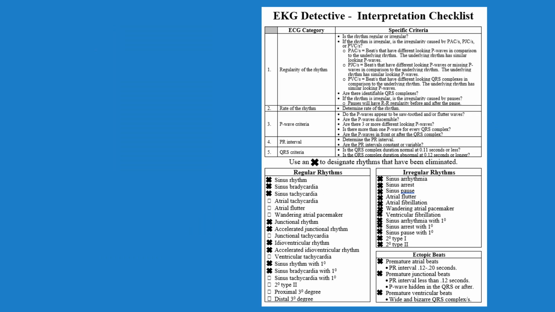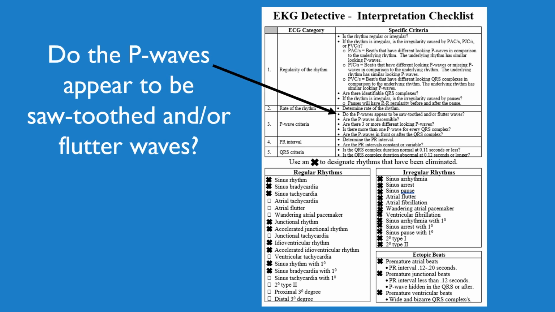But I would like to go back to the checklist, because the checklist is going to walk you through the criteria to determine if the rhythm is actually atrial or junctional in nature. So we're going to start with looking at the P wave criteria, and the first question that's going to be asked is if the P waves appear to be sawtooth and or are there flutter waves.